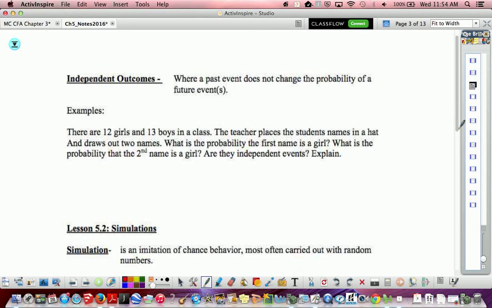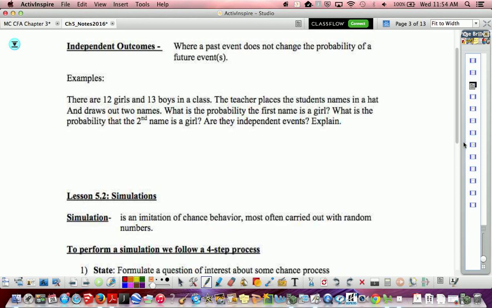To give you an example, there are 12 girls and 13 boys in a class. The teacher places the students' names in a hat and draws out 2 names. What's the probability that the first name is a girl? When I look at probability and there are outcomes like this, I sometimes note: first name is a girl.